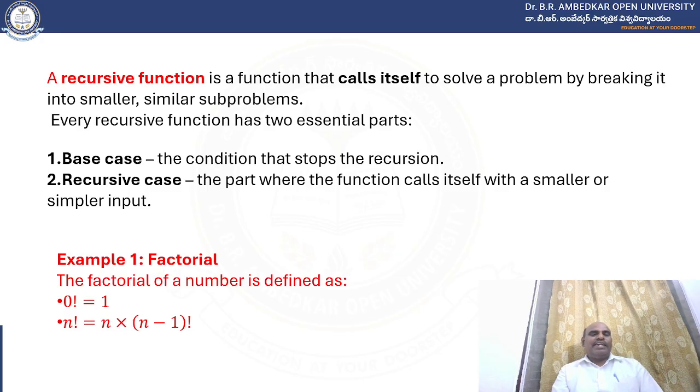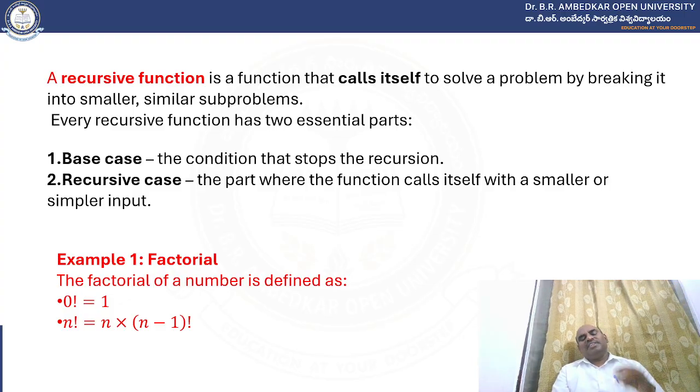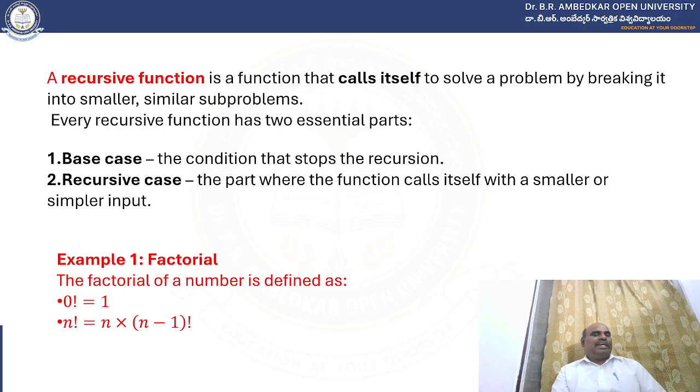That is called the recursive case. Example 1, the factorial of a number, is the best example of a recursive function. Very simple, in one line we can remember: a function calling itself, solving the problem by dividing into smaller sub-problems, is called a recursive function.